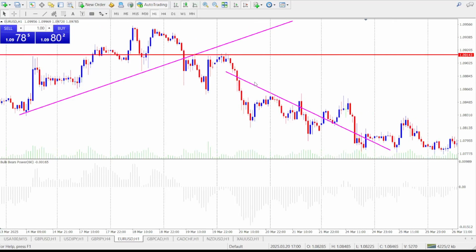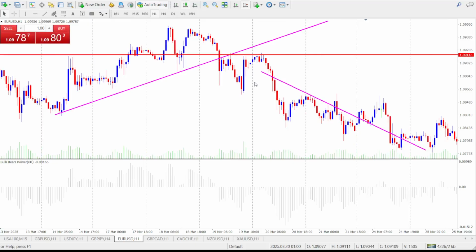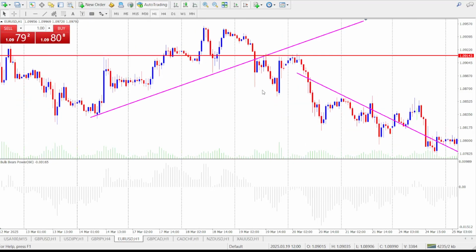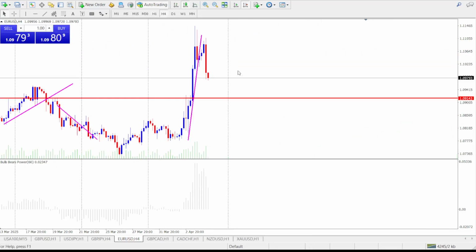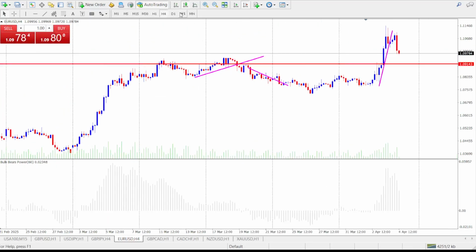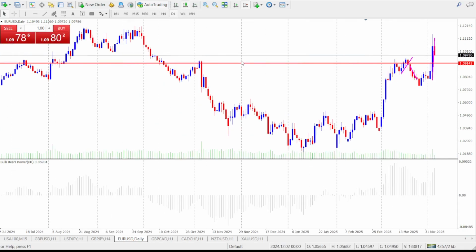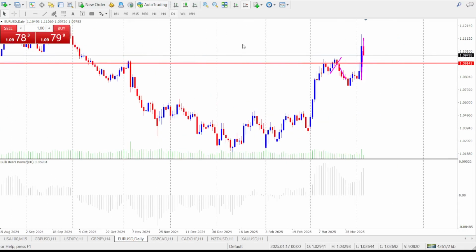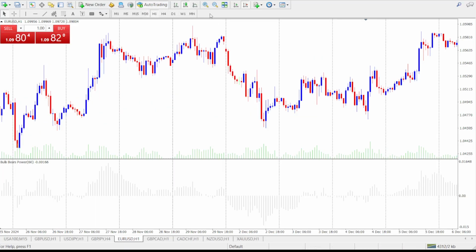However, to reduce market noise and make your analysis more accurate, it is recommended to use this indicator on longer time frames, like the 4-hour or the daily chart. This helps smooth out the fluctuations and gives you a clearer picture of the overall trend without getting caught up in short-term volatility.